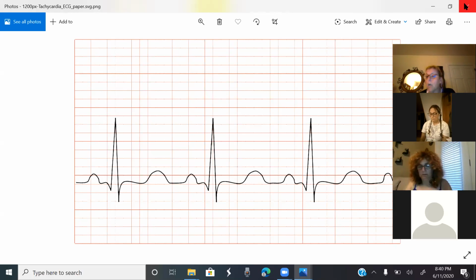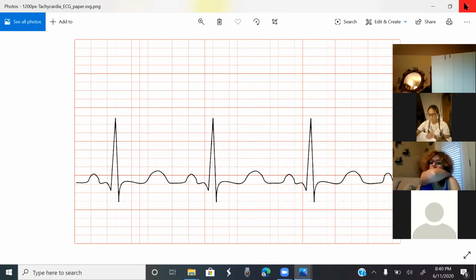So actually, if you took a piece of paper like this, can y'all see my paper? I'm going to hold my paper up and mark on the book. If y'all look at number 1, I'm going to put a line on my paper where the beginning of the P wave is and the beginning of my QRS.